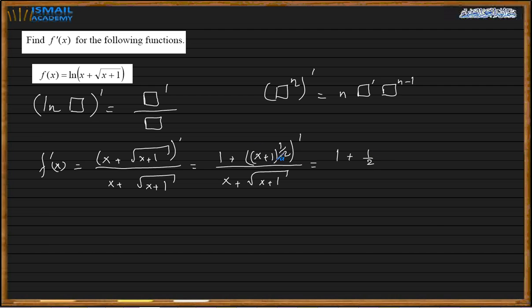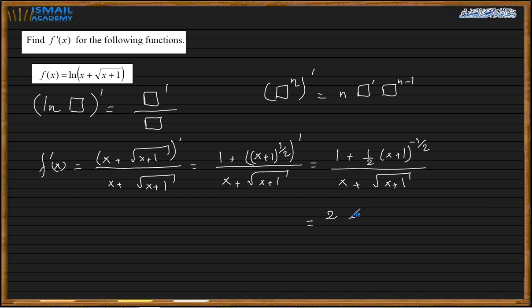The derivative of x plus 1 is just 1. So it's going to be just (x plus 1) to the minus half over x plus square root of x plus 1. So you may stop here because they don't ask to simplify, or if you want to simplify, you may make a common denominator. So this is going to be 2.